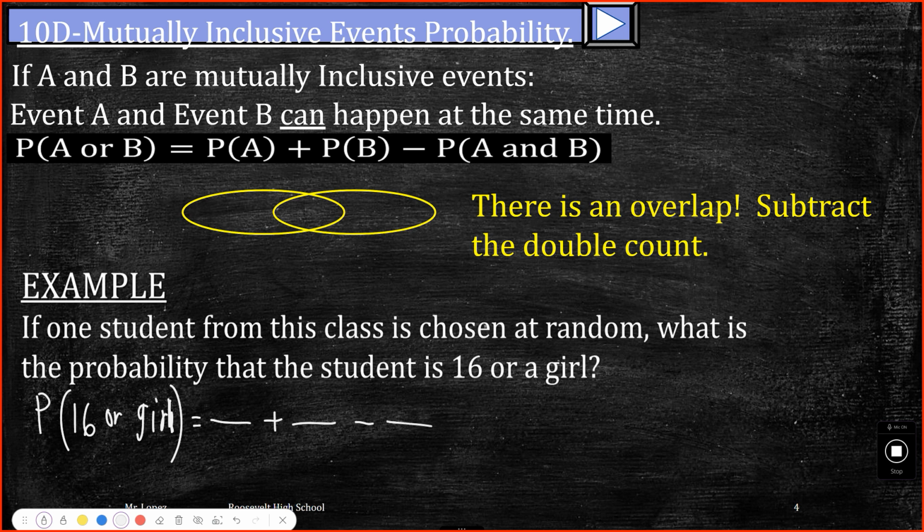And I think hopefully there will be a double count. Like I just said, there will be a double count that you have to subtract. Probability of 16 is out of 23. Everything out of 23.